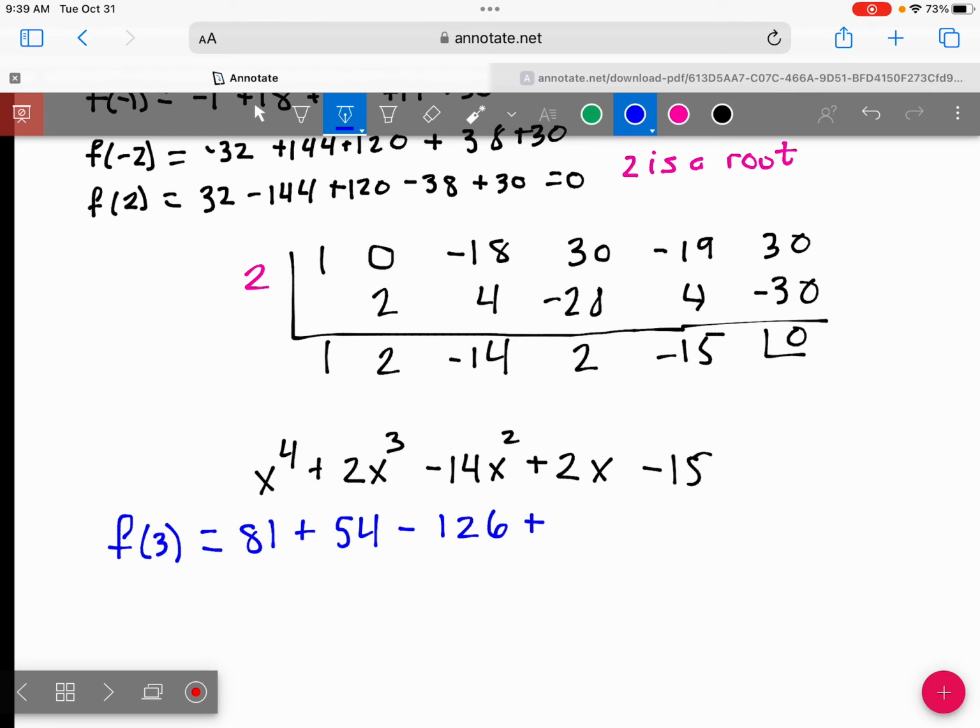Plus 2 times 3 is 6, minus 15. 0. So 3 is a root.